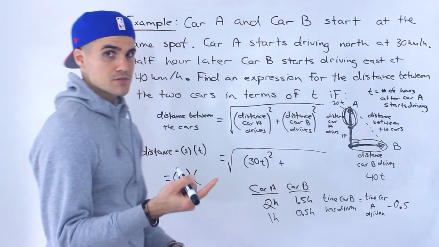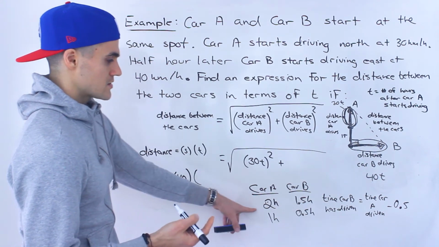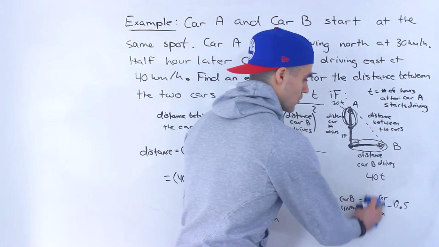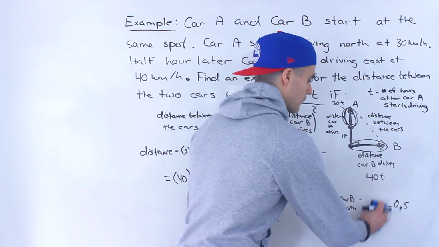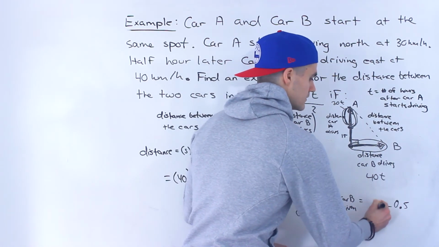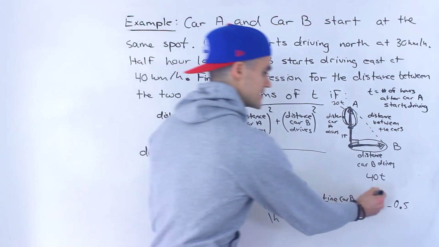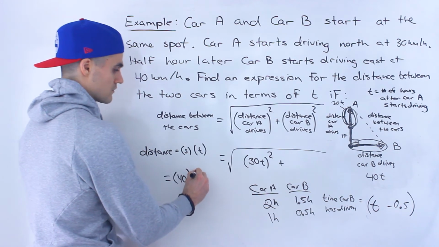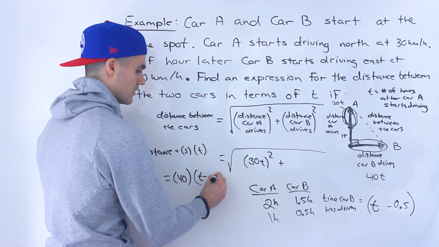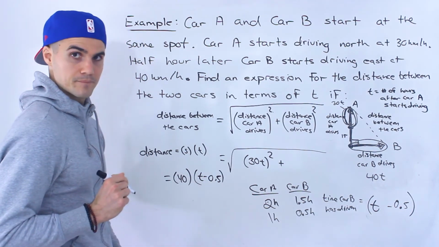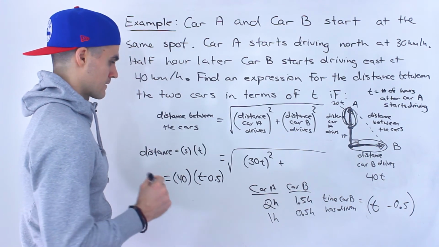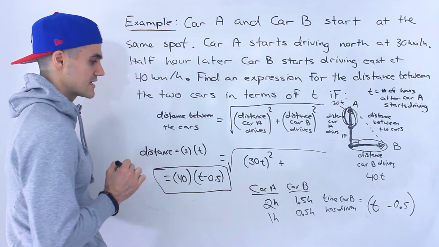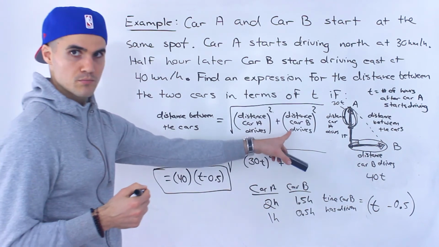Because we're in hours, we're always going to be subtracting 0.5. And the time that car A drove, we're just representing that with t. And so this expression represents the number of hours that car B has driven. So that would go over here like that. So this now is the expression for the distance that car B drives.